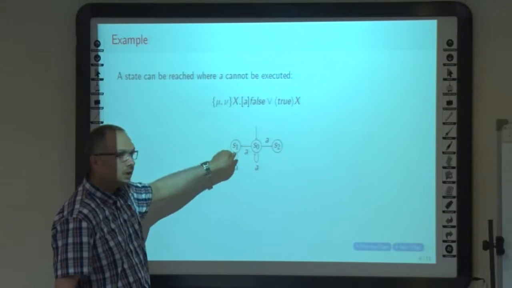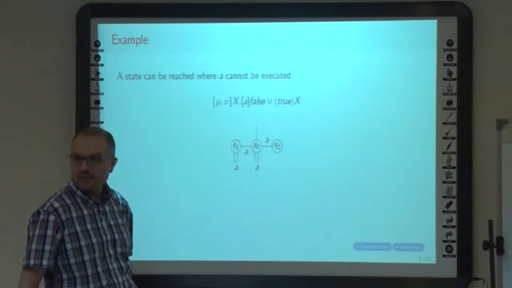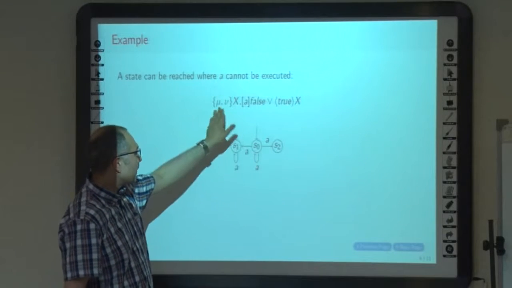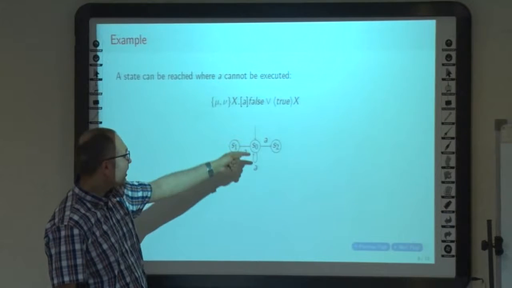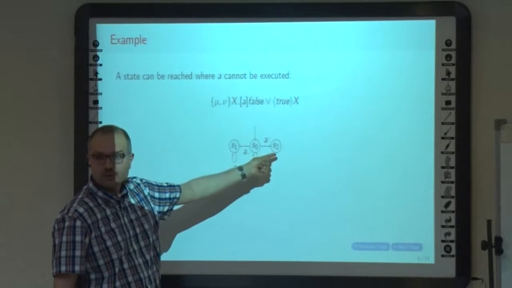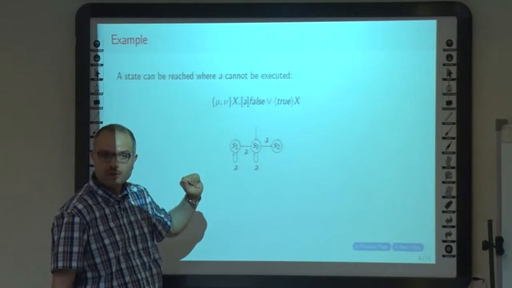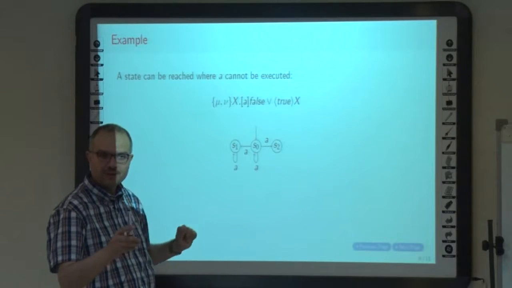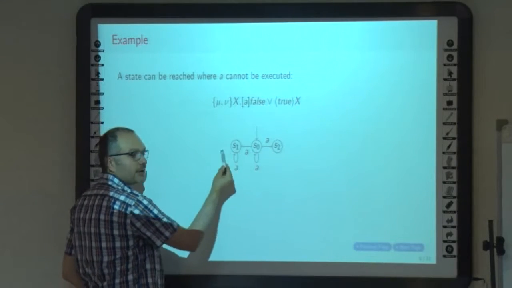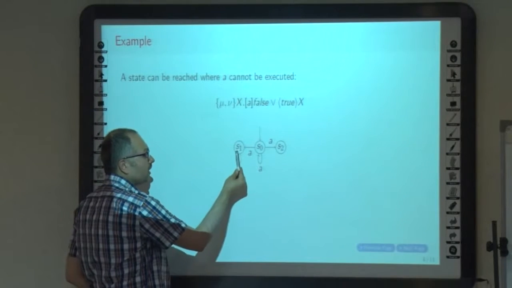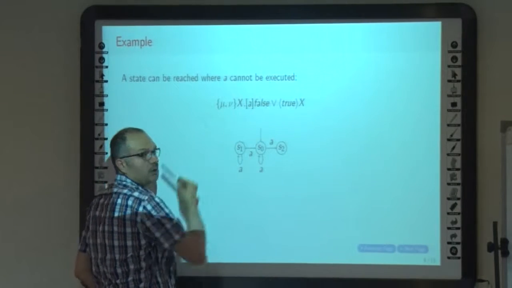But from S1, no matter what I do, I stay in the same state. So intuitively, if I calculate the right fixed point here, then I should get back S0 and S2, right? Do you agree? If I'm at S1, no matter what I do, I stay here, so I can never reach a state in which A cannot be executed.